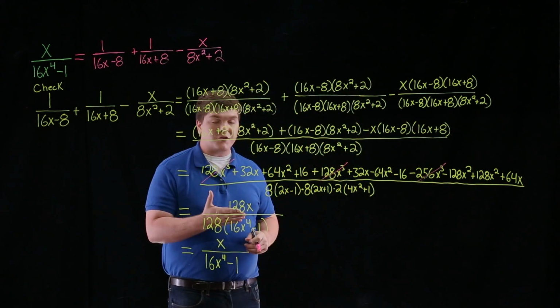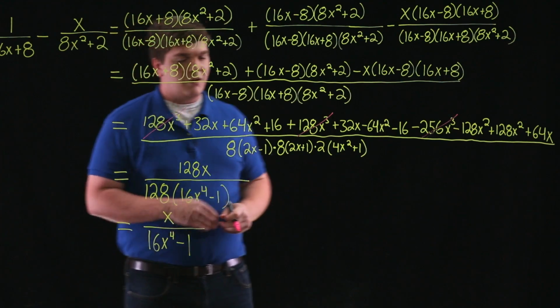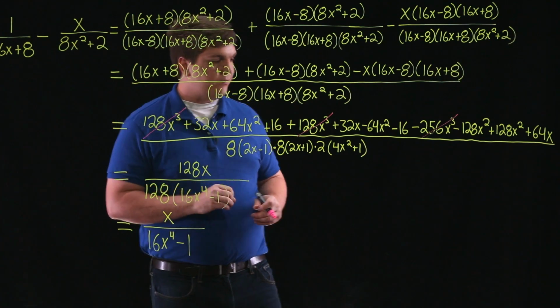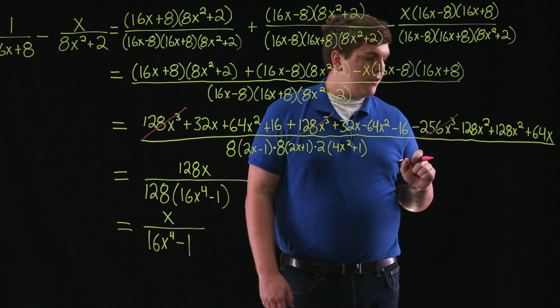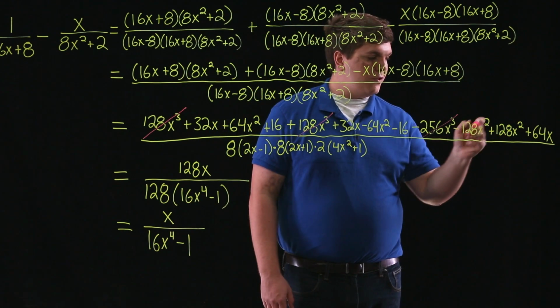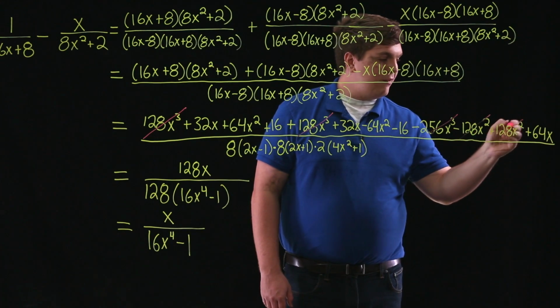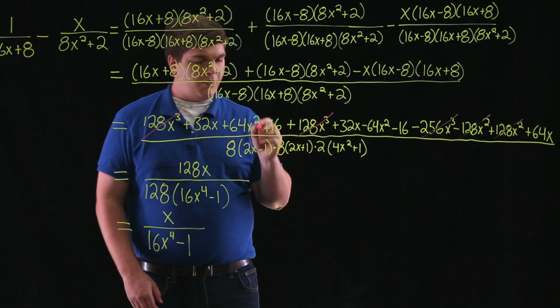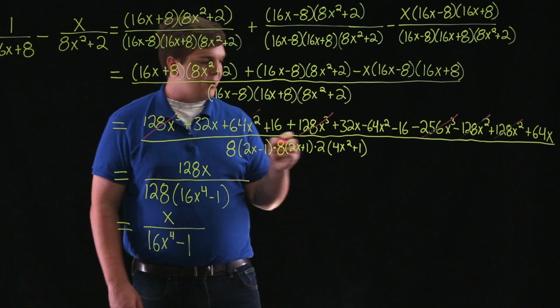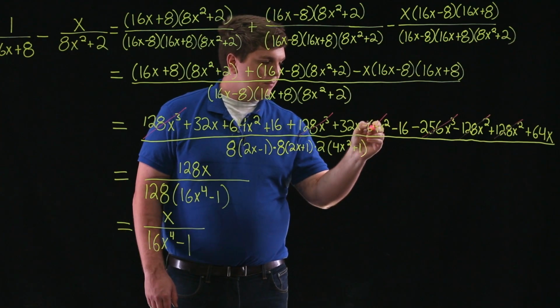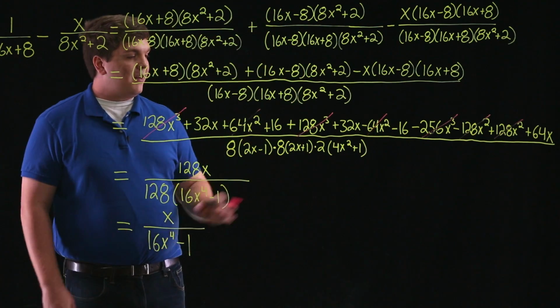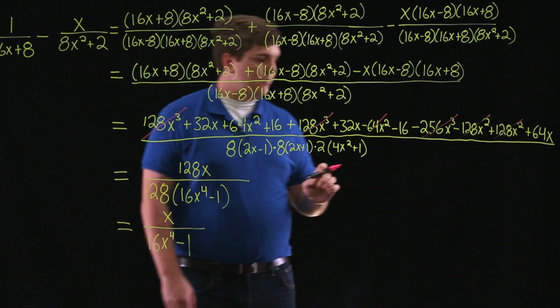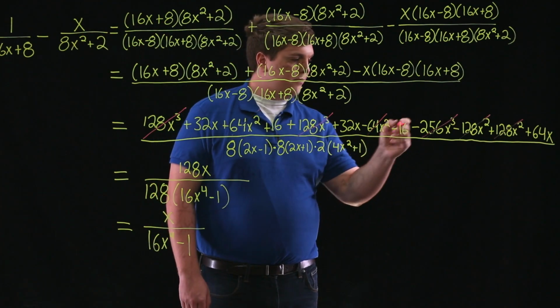This is equal to 128x. We have a 64x squared minus a 64x squared, which is 0, minus 128x squared plus 128x squared, which again is 0. So our numerator is not going to have an x squared term in it. Finally, we have a 16 minus 16.